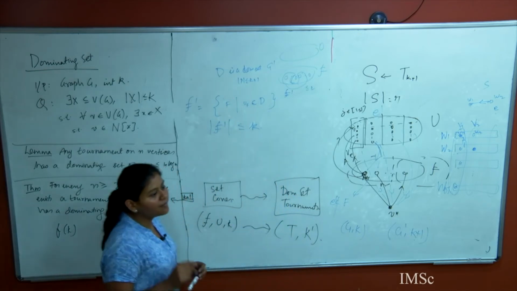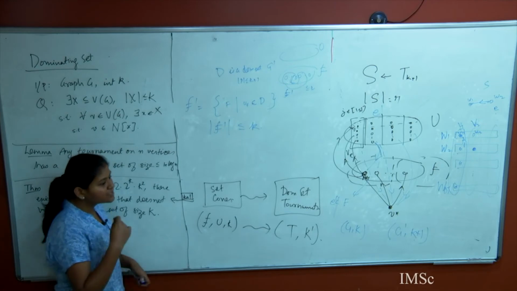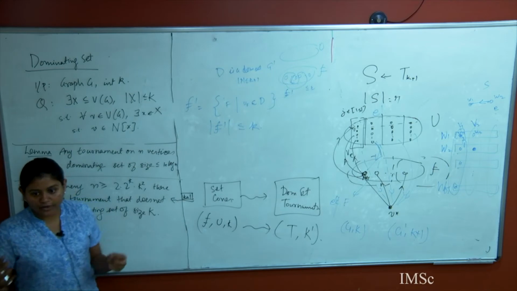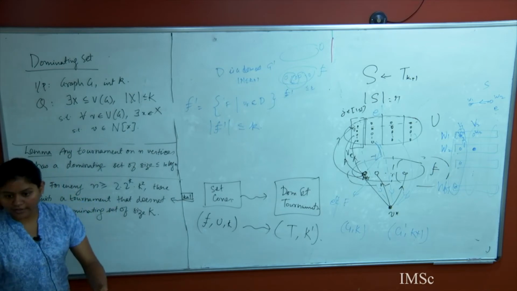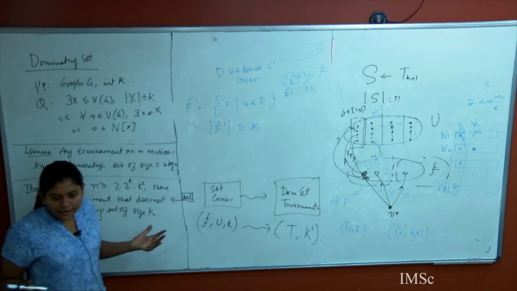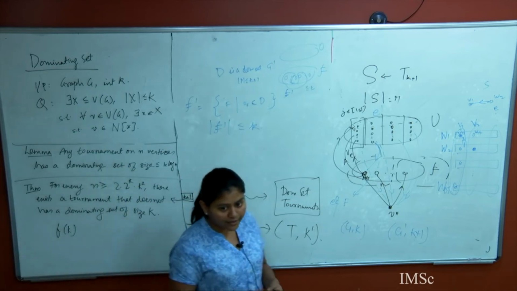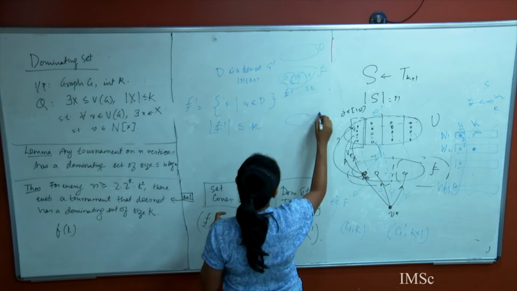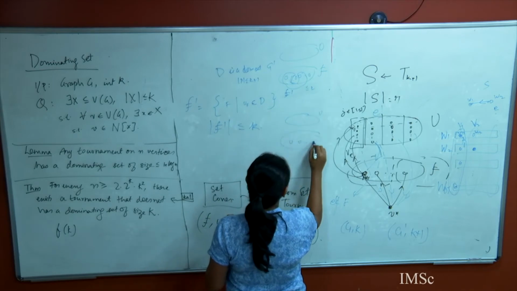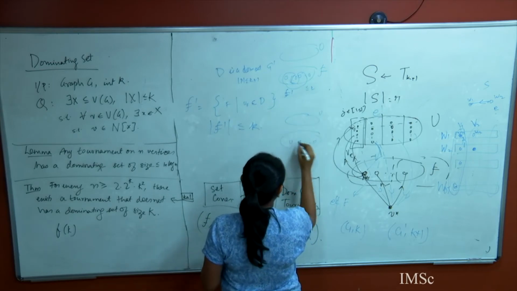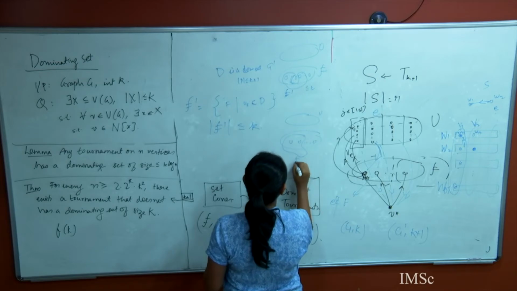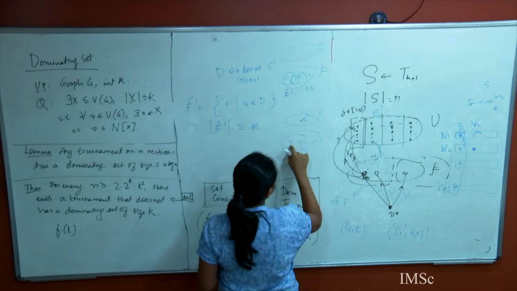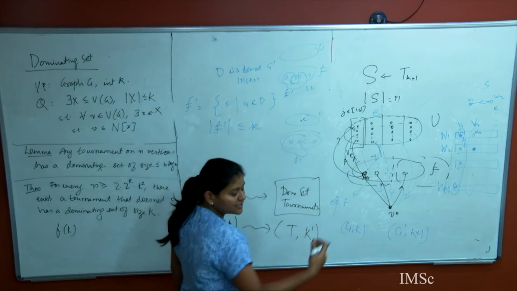If it already forms a set cover, there is nothing remaining to prove. Otherwise, there is some element in the universe which does not belong to any of these sets. So we are going towards a contradiction. If the property is already satisfied, there is nothing to prove. But now we are assuming that there is somebody in the universe. So look at this, this is the universe and these are my families from F prime. There is an element E which is not contained in any of these sets, otherwise I will be done.